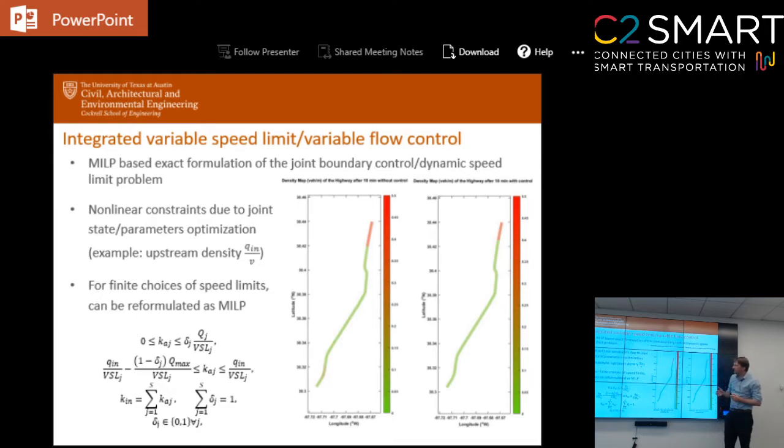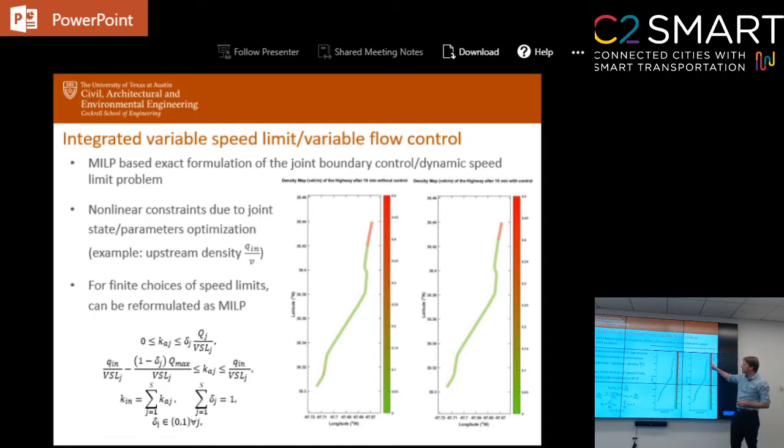These constraints are hard to formulate, but you can still reformulate things as mixed integer linear programming if you assume, for example, a finite set of possible free flow speeds that you can choose from. You can rewrite all these equations as mixed integer linear constraints, and solve the corresponding optimization problems.